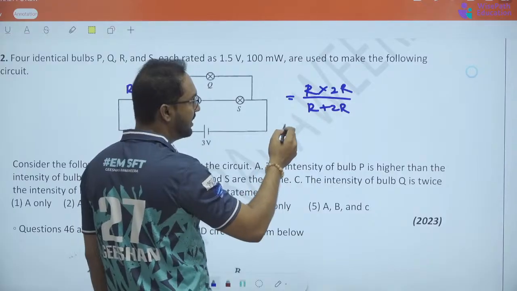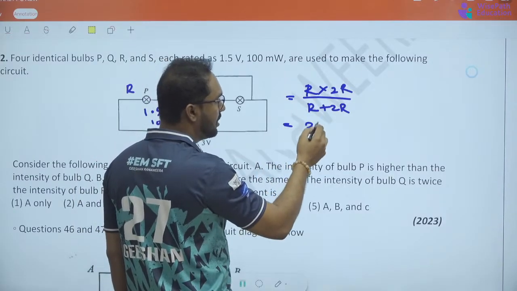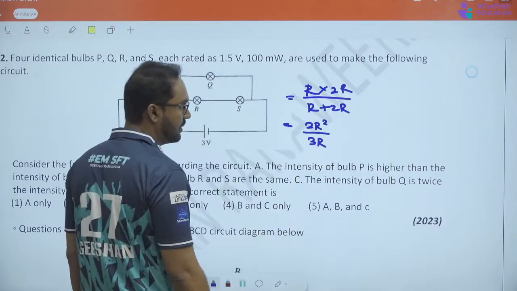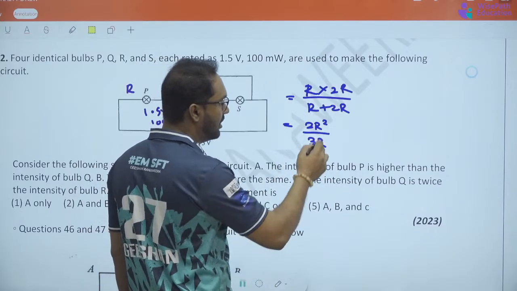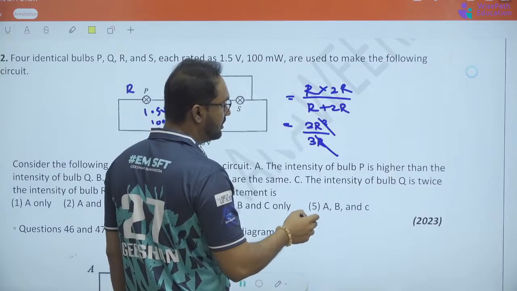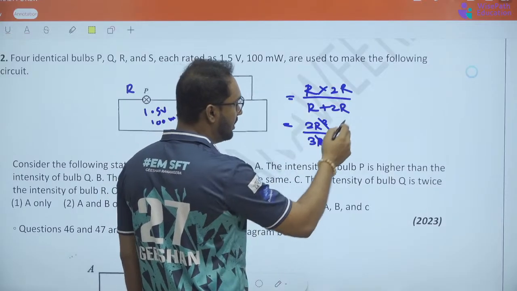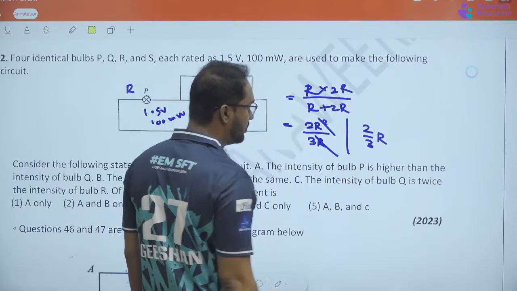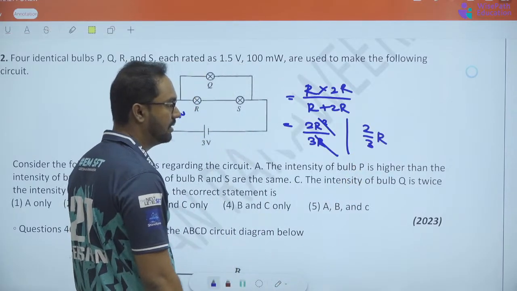If I simplify this, that will be 2R squared divided by 3R, right? R plus 2R is 3R, so one R cancels out. That will be 2R over 3.